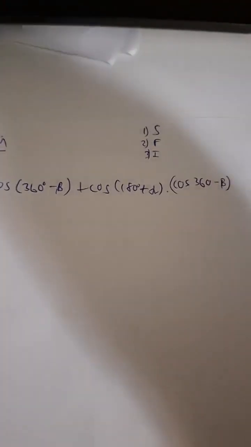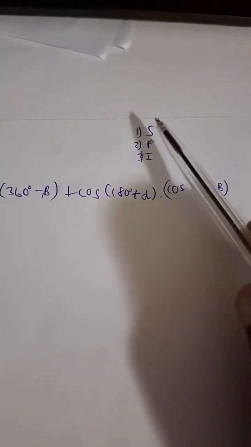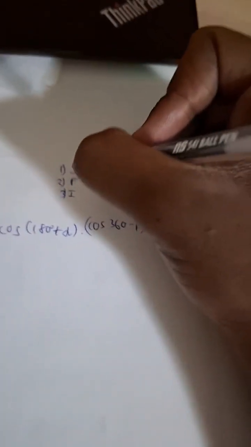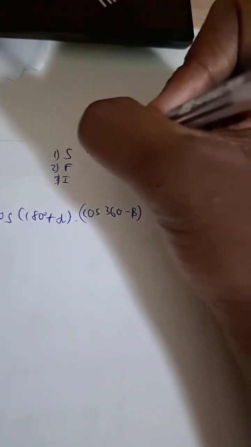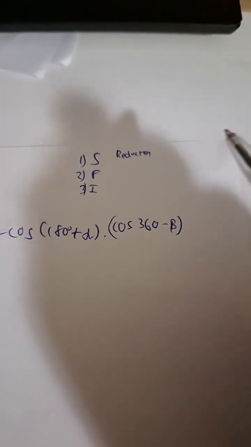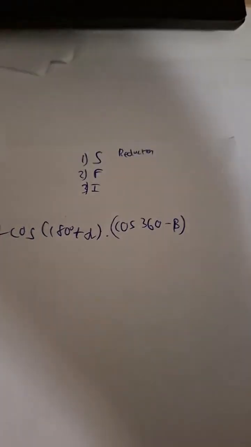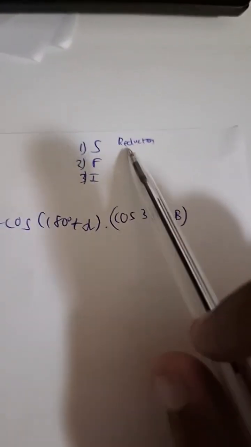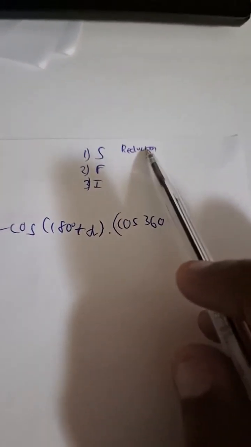That's all simplification. Also, remember, in grade 11 you learned about reduction, using function values and co-ratios, negative angles, angles greater than 360, all of that. So that all falls under simplification.